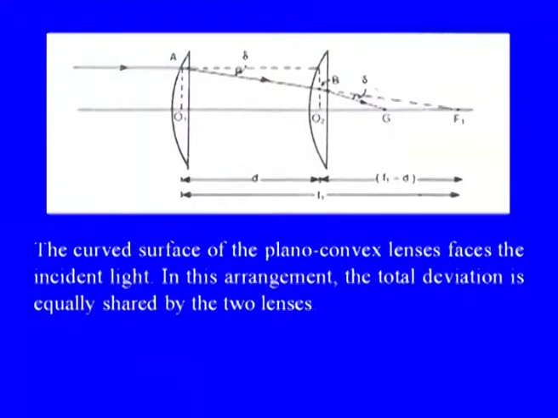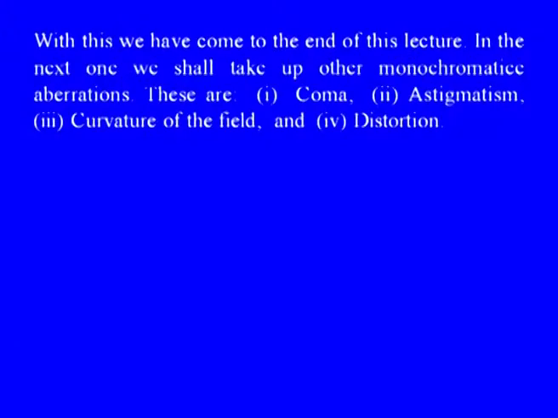Take this combination: the curved surface of the plano-convex lenses faces the incident light. This is to divide the total deviation over the surfaces. So, in this arrangement the total deviation is equally shared by the two lenses.